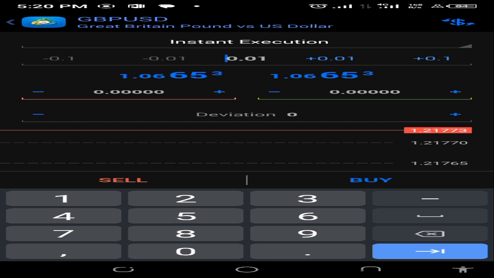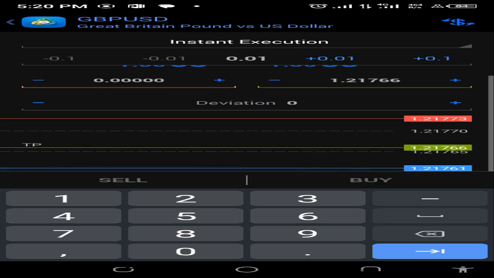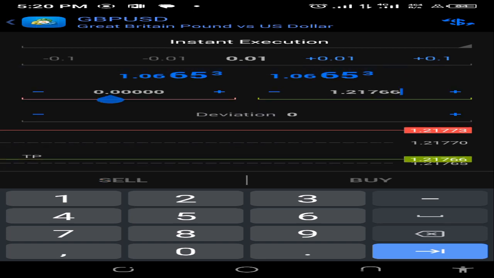We're going to use 0.01. I'll talk more on this when we are talking about risk management. Are you getting it? This point here on the left-hand side is what we call the stop loss. Here is what we call take profit.